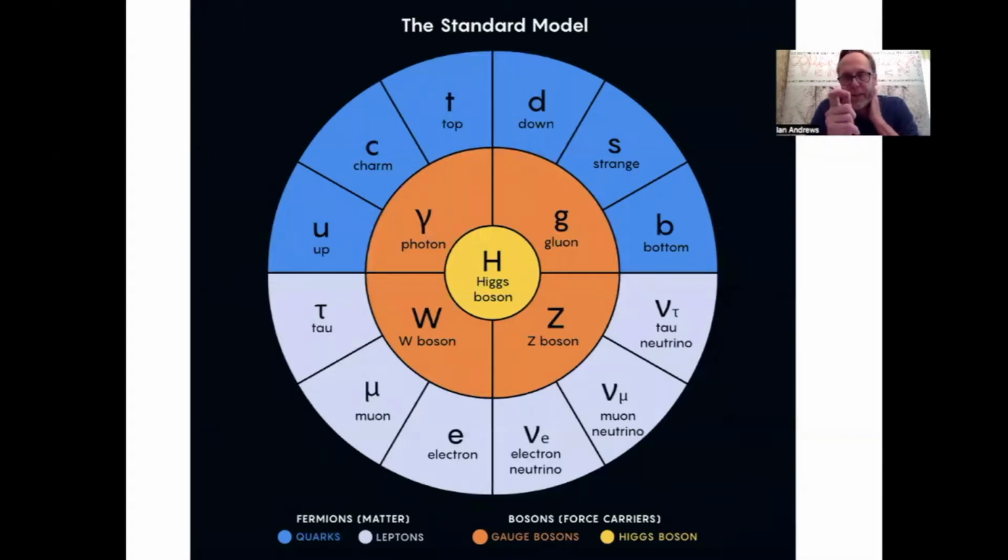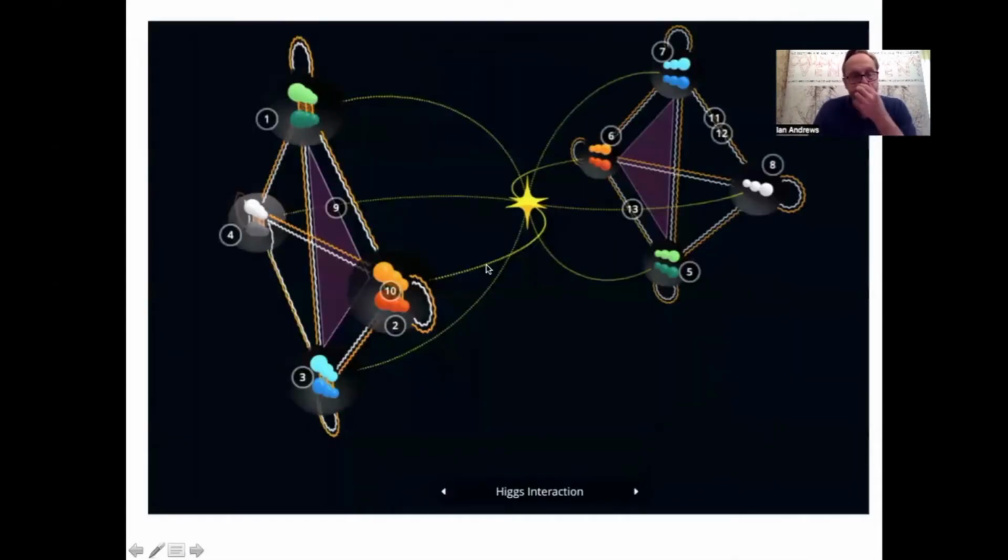So it's not fixed entirely yet, as the periodic table is fixed, where discoveries have filled in the gaps. So this is laid out in a different way with the Higgs in the center, and this would be able to be rotated if it was the actual site. So there are different ways you can visualize it, which show us that it's not yet cast in stone. It's still an evolving thing.